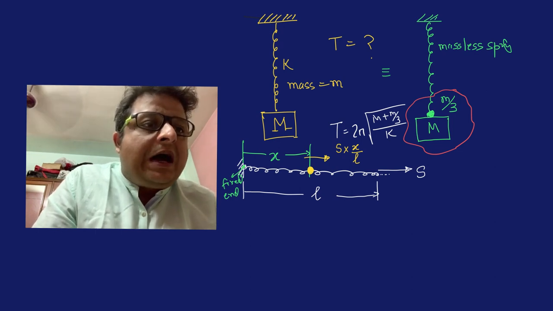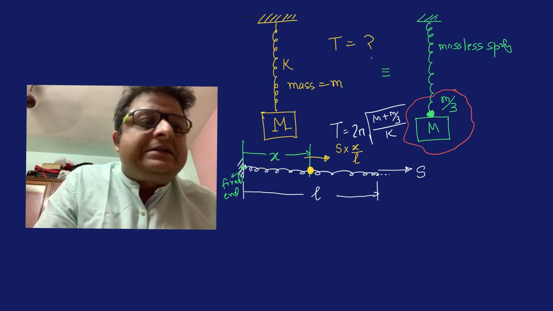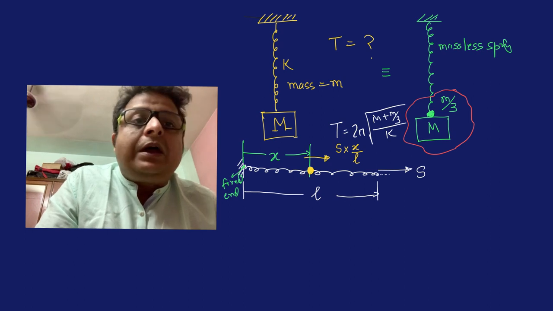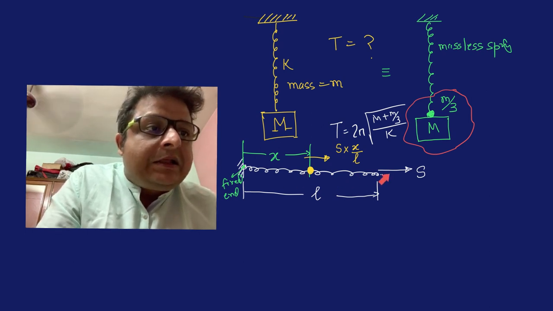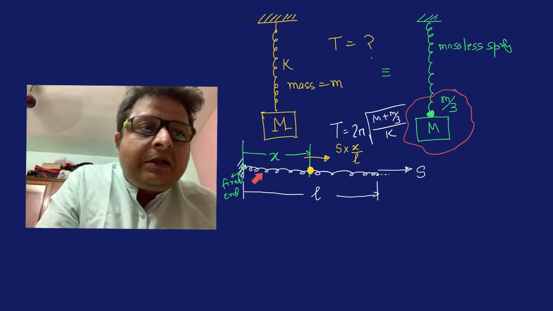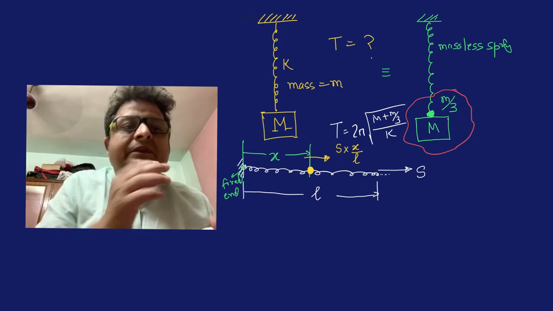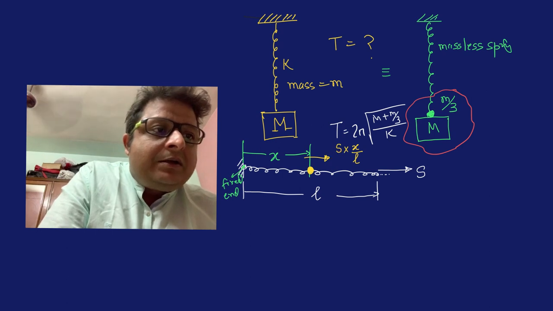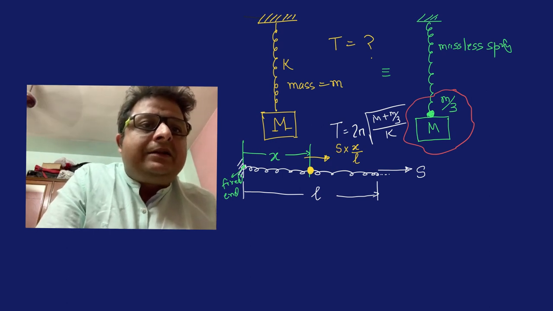So if x is equal to L by 2, how many coils do you have here? From this point to this point you have 50 coils, because the total length of the spring has 100 coils. At half this length you have 50 coils. So how much will it be? 50 into s by 100. That means it is s by 2.